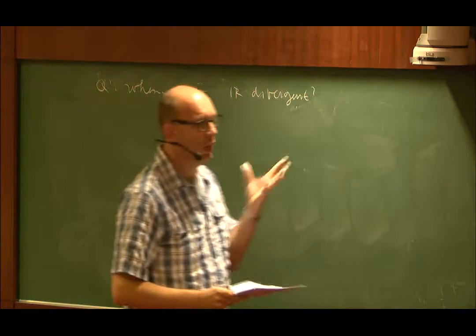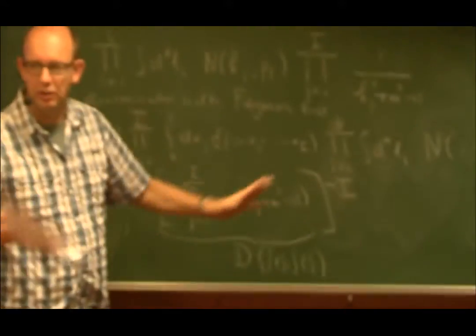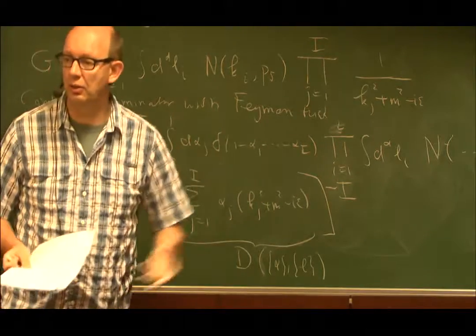And with the word when, I mean not whether it's Tuesday or Friday, I mean for which regions in the integration space of the loop momenta and the Feynman parameters, in this multi-dimensional region, is the thing infrared divergent?